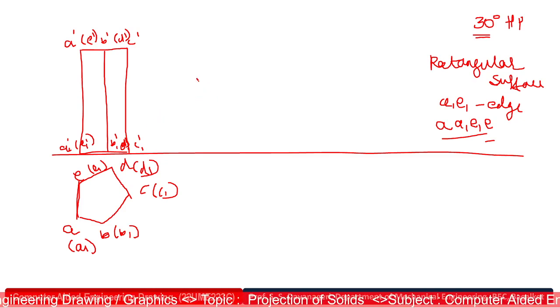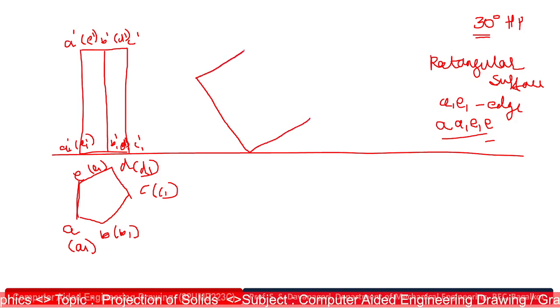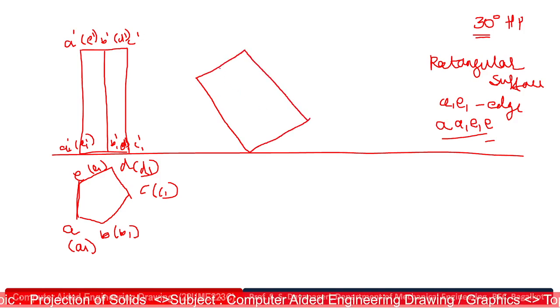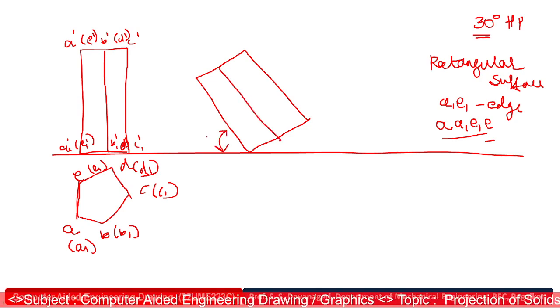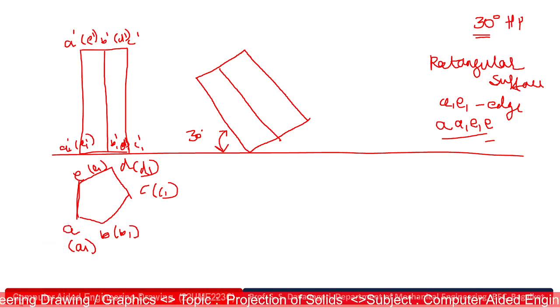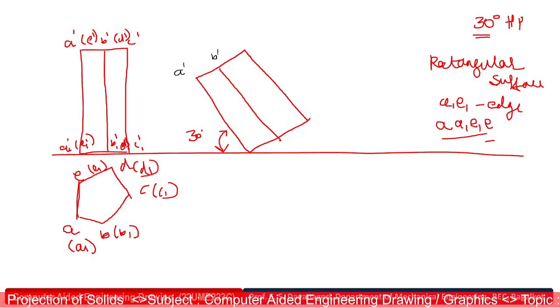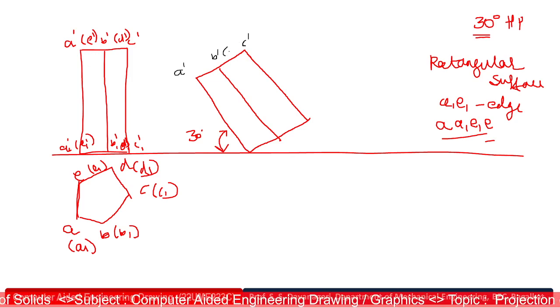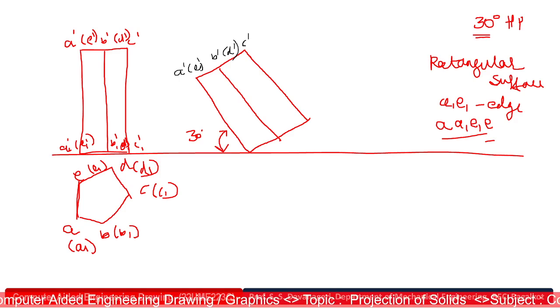So now let us reproduce this entire front view, making an inclination of 30 degrees to HP. This is the angle, 30 degrees. Once you have done it, you go for projection of our reference points. So now this is A dash, B dash, C dash, D dash, E dash.